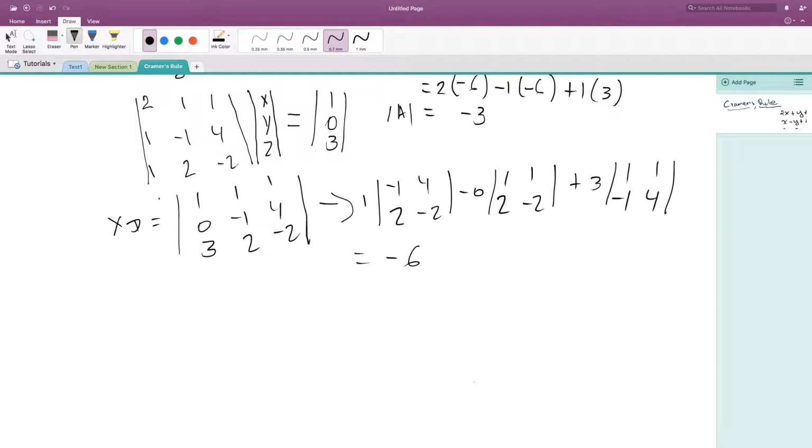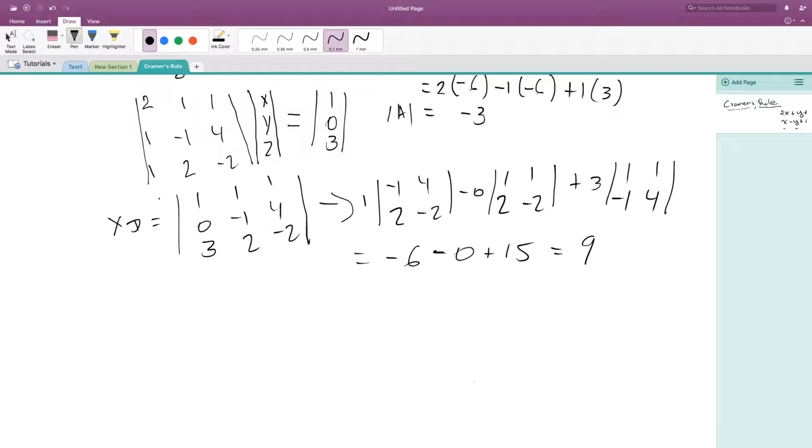I have 1 times 4, which is 4, 1 times -1 is -1, so this is 4 plus 1, which is 5, times 3 is 15. Now, -6 plus 15 is 9.